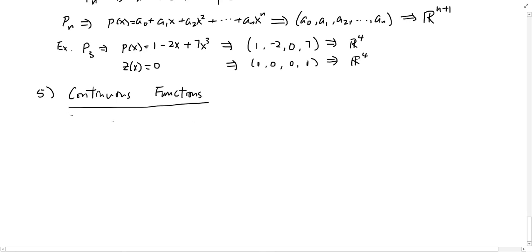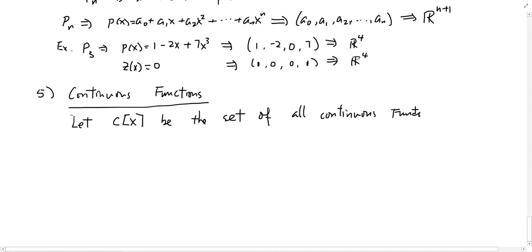Or sometimes referred to as a continuous function space. Let's say C square bracket capital X is the set of all continuous functions in the form of f mapped from X to R. Depending on what X is, X would have to be in R1 also.